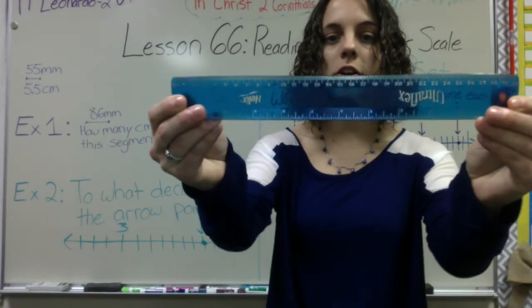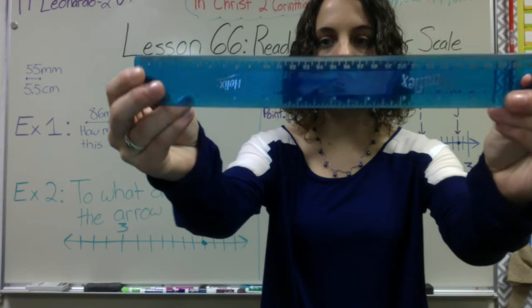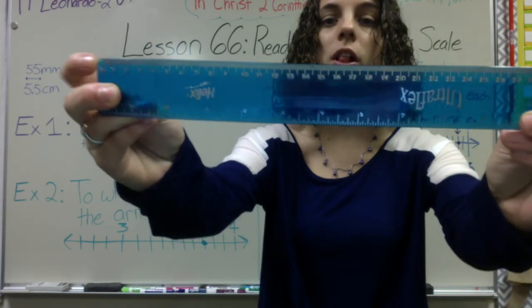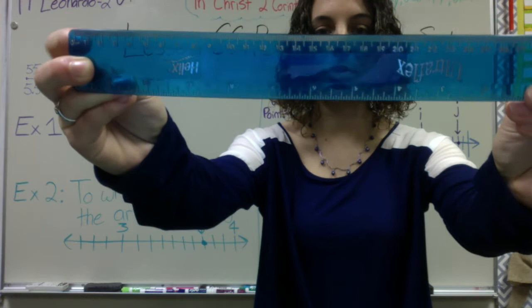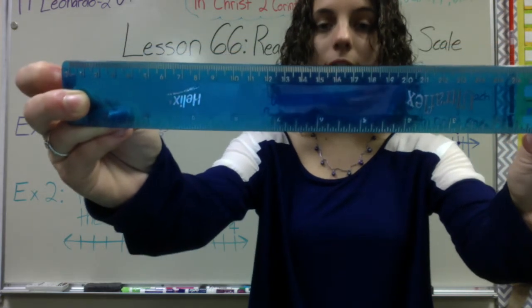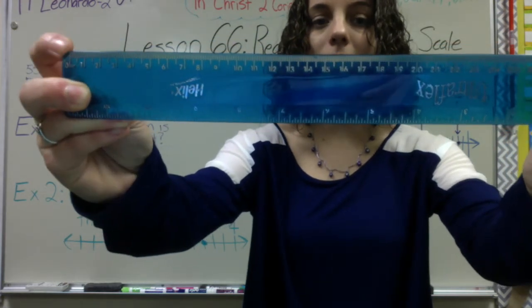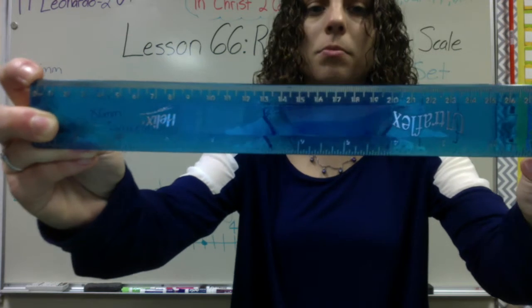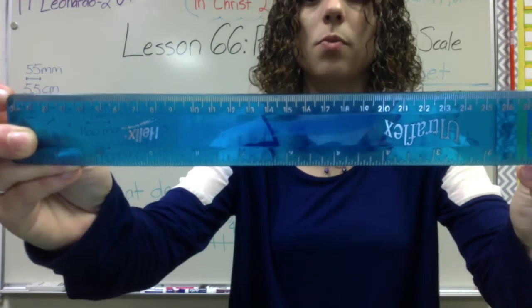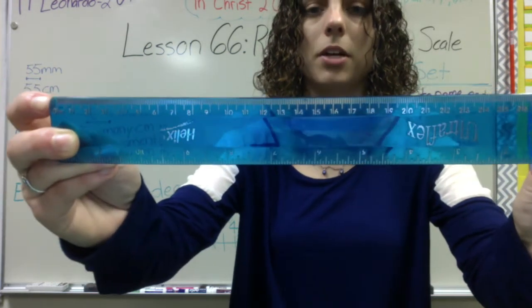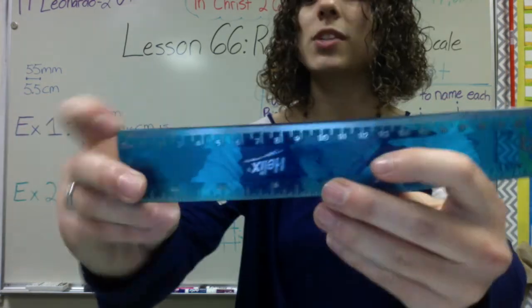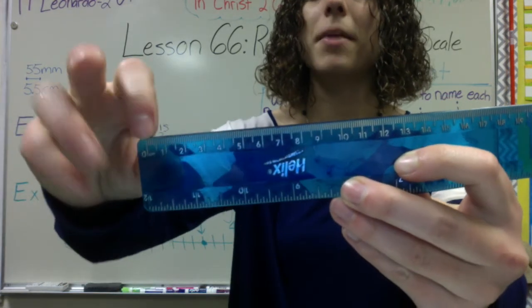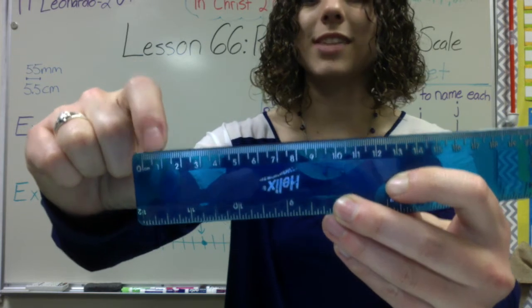Every single marking on the centimeter ruler is a millimeter. So we have centimeters and millimeters on the ruler. Almost every single ruler will have centimeters and millimeters. And there are 10 millimeters, excuse me, in between every centimeter.